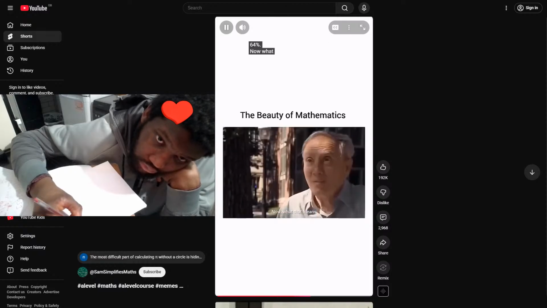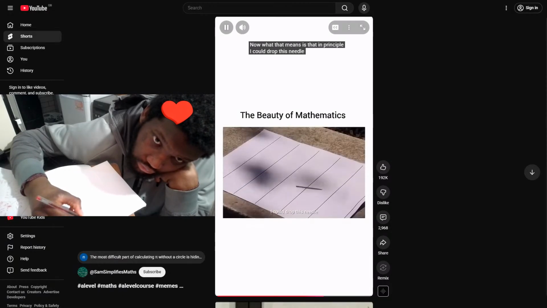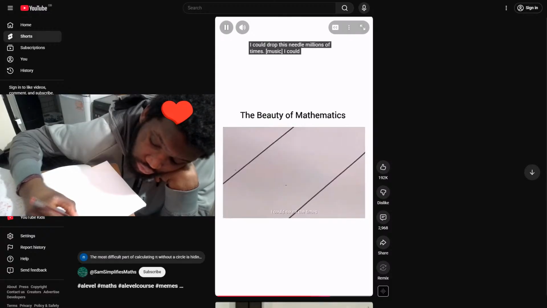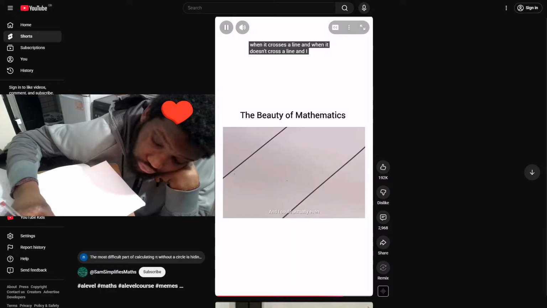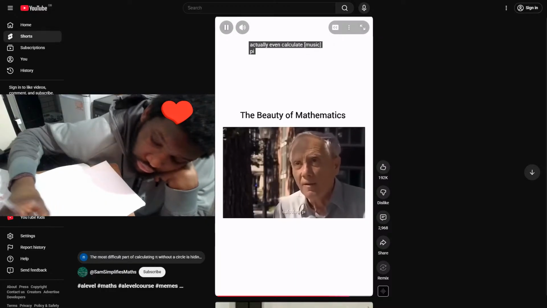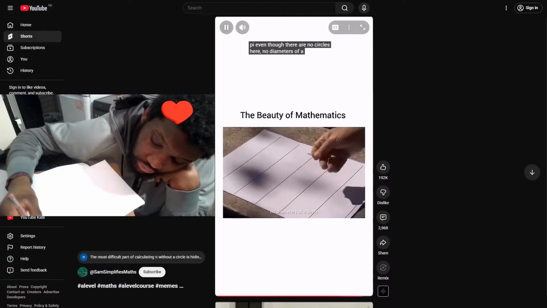Now, what that means is that in principle, I could drop this needle millions of times. I could count the times when it crosses a line and when it doesn't cross a line, and I could actually even calculate pi, even though there are no circles here, no diameters of a circle, nothing like that.